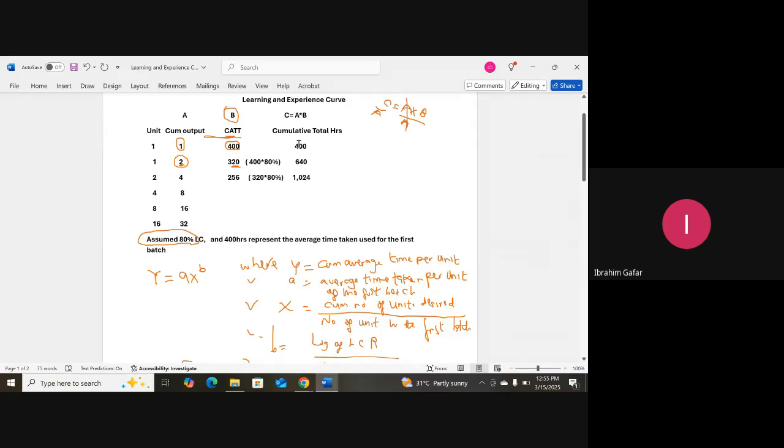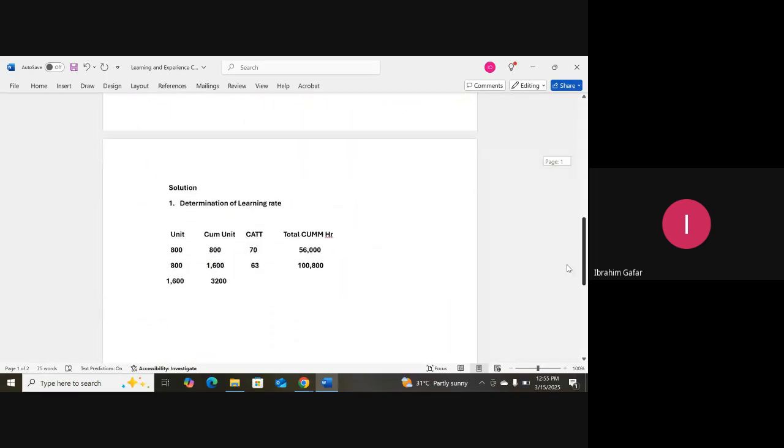Then it will be C divided by A. So if I want to get this place, I will say 800 times 70 to give me 56,000. But if I want to get, let's assume it is this CAT that is missing, how will you get it? 56,000 divided by 800. Is it clear now?